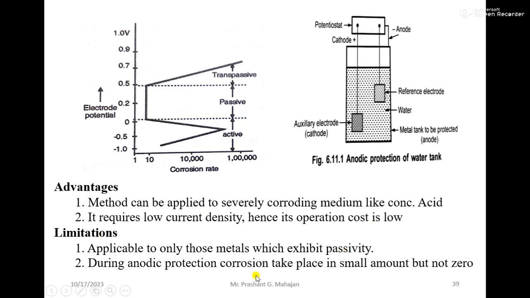During anodic protection, corrosion takes place in a small amount but not zero, as you can see, that is 10. Second, it is applicable only to metals showing active-passive behavior. And the advantages: it can be used in corroding media, its operation cost is low, and current density is low.